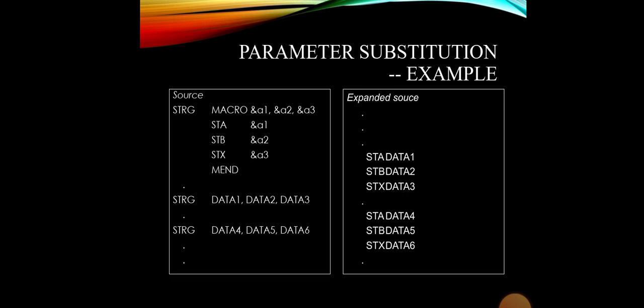So let's see parameters and substitution examples. This is another function of macroprocessors. So this is source code and expanded source. They have given two examples, from source and expanded source. It starts from MACRO. It has addresses A1, A2, and A3, and it stores under STA and STB and index of address A3, and it ends with MEND.